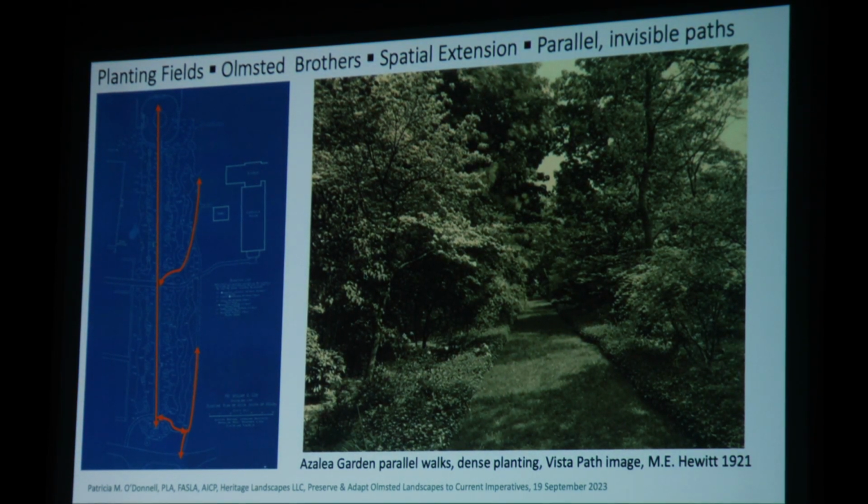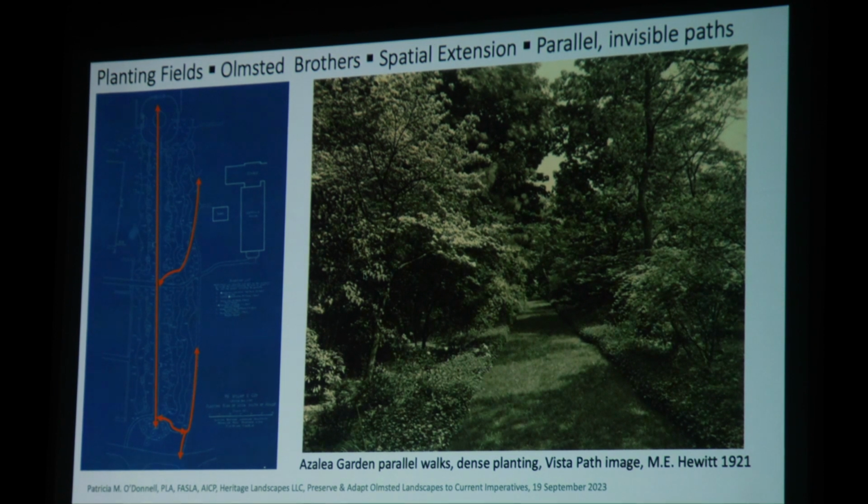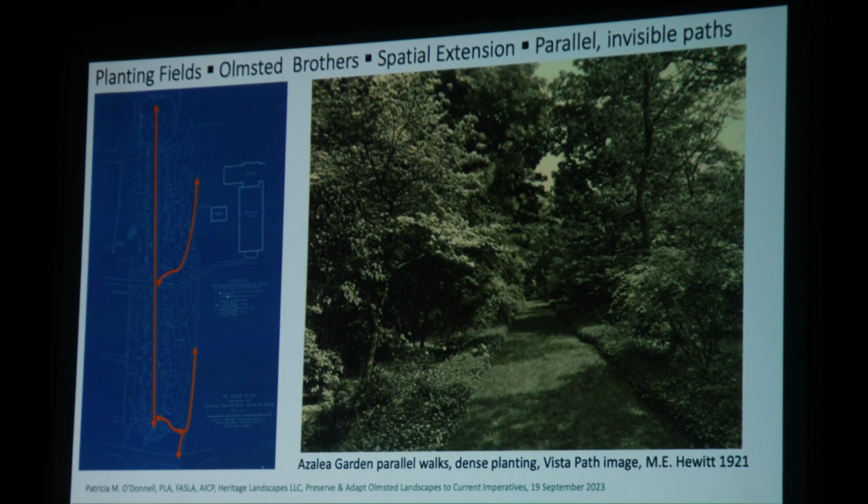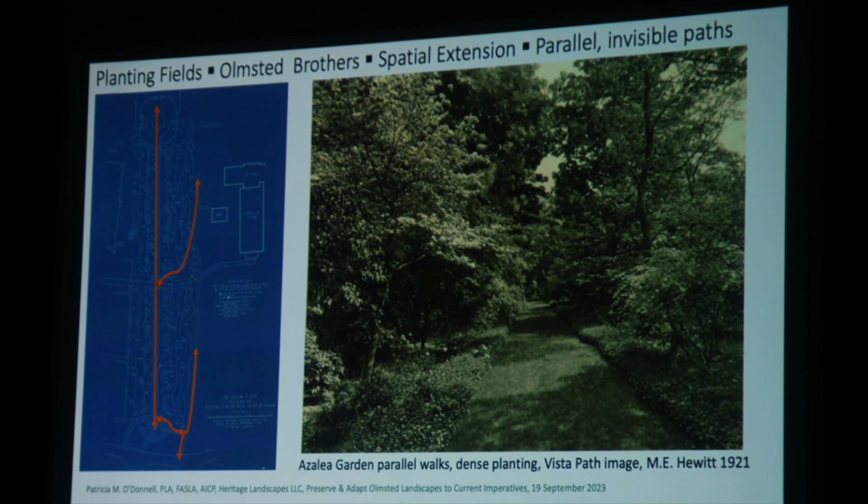Now, while this detail works well for a private estate, in a public park, we often need views through for a sense of safety and a perceived ability to understand the landscape around you. Next, please.